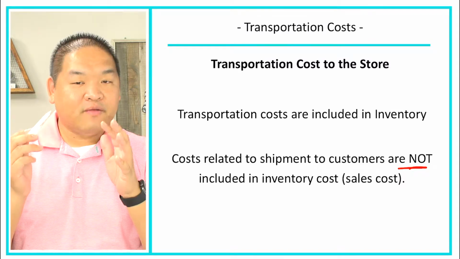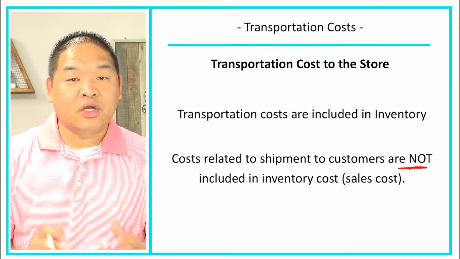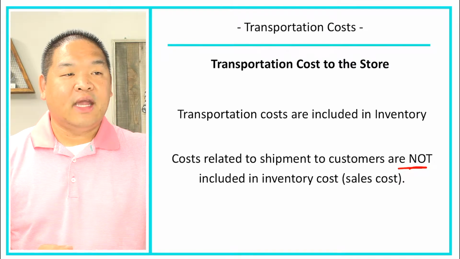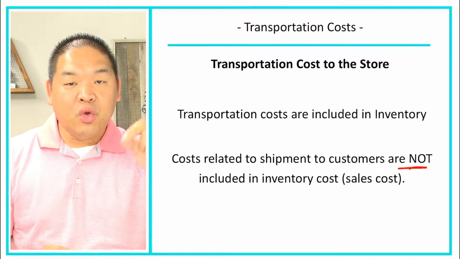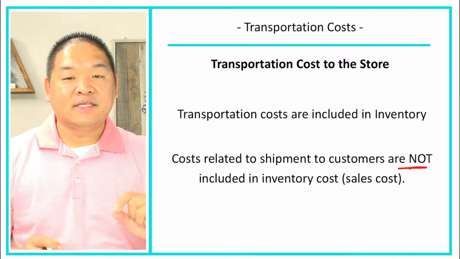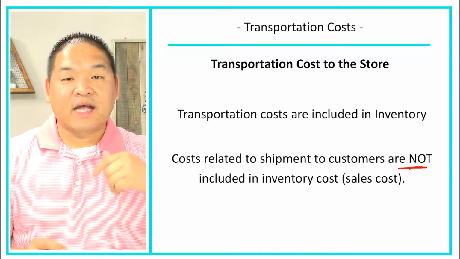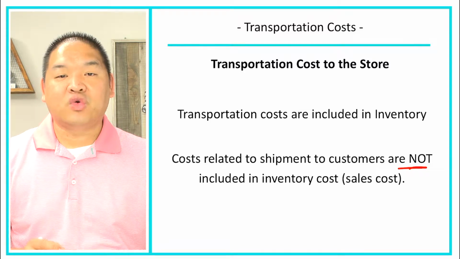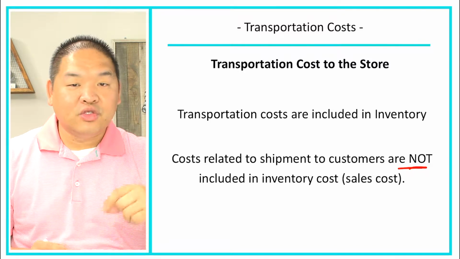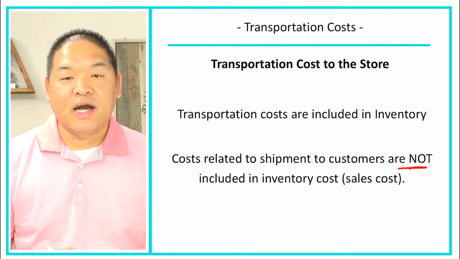But if you have to pay for any transportation costs associated with taking it from your vendor site to your doorstep, that is included in the cost of inventory because that's what it would cost to get your inventory to you so that you're able to even sell it to your customers.